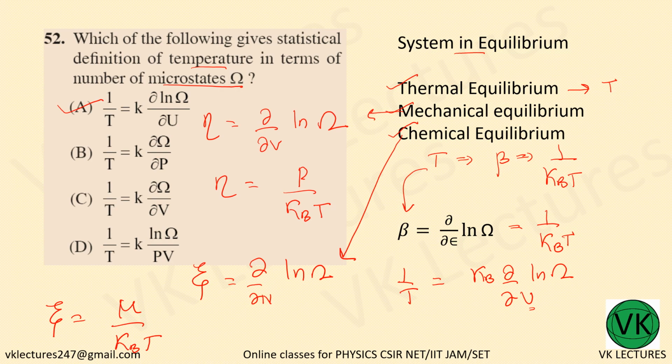So beta equal to 1 by kBT, eta equal to P by kBT, and zeta equal to mu by kBT. And what is mu here? Mu is chemical potential, and P is nothing but pressure. So these are the different standards for measuring equilibrium: thermal equilibrium, chemical and mechanical equilibrium.